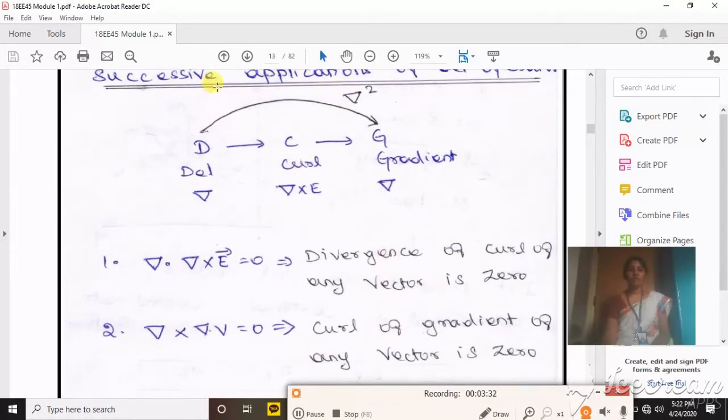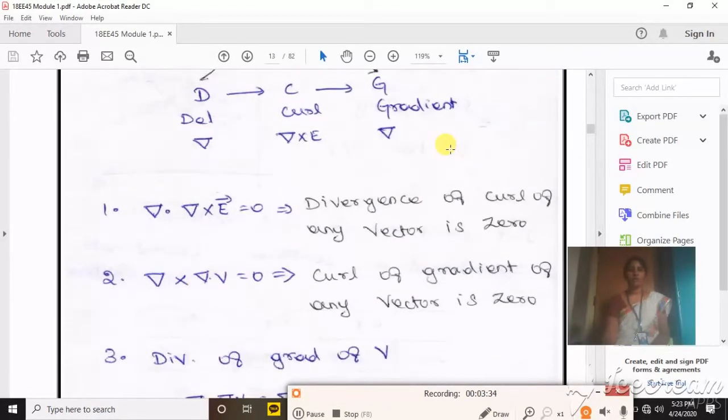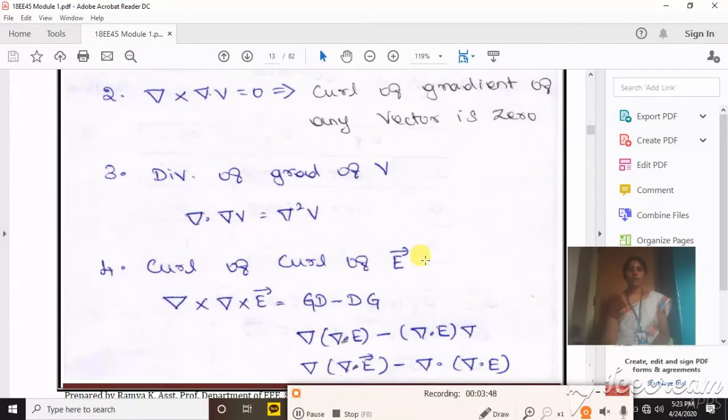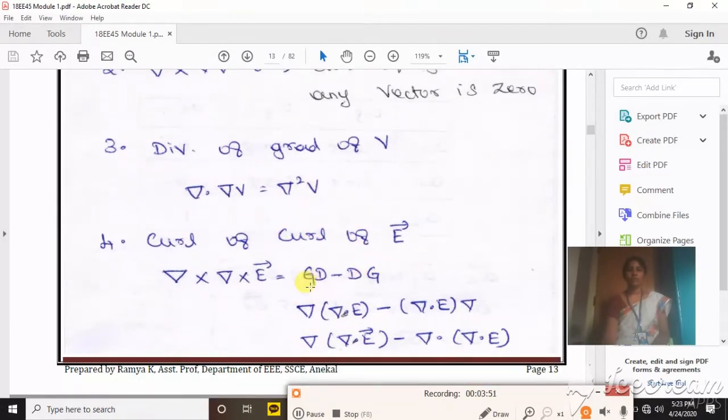So for successive application, you will get 4 applications. One is the divergence of curl of any vector is equal to 0. Curl of gradient of any vector is equal to 0. And divergence of grad V is equal to del square V. Curl of curl E is equal to, you need to remember this, GD minus DG, where G stands for gradient and D stands for divergence.